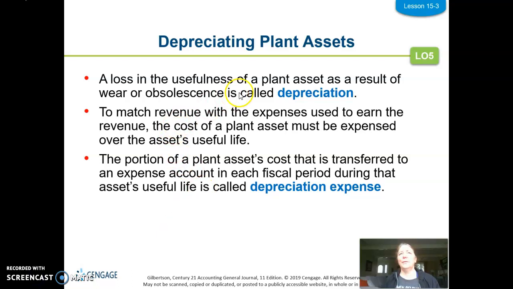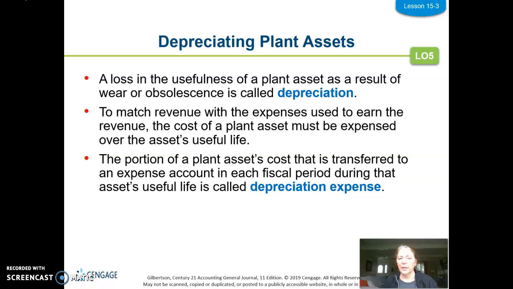A loss in the usefulness of the plant asset as a result of wear and tear or obsolescence is called depreciation. And we are required under GAAP, generally accepted accounting principles, to match revenue with the expenses used to earn the revenue. So the cost of that plant asset that we're using to generate revenue has to be expensed over the asset's useful life as we are using it to generate revenue.